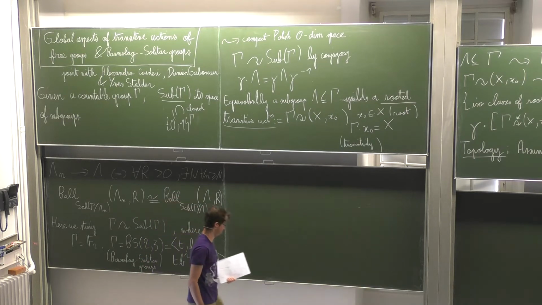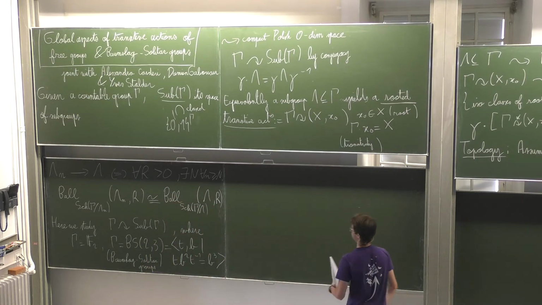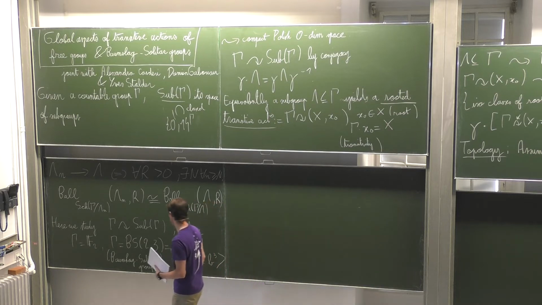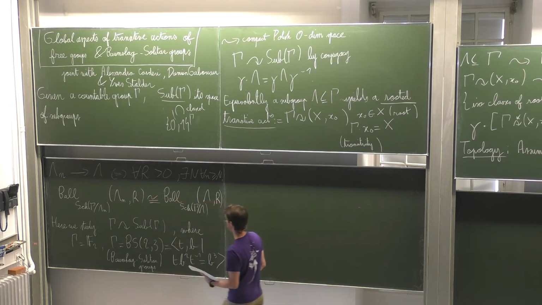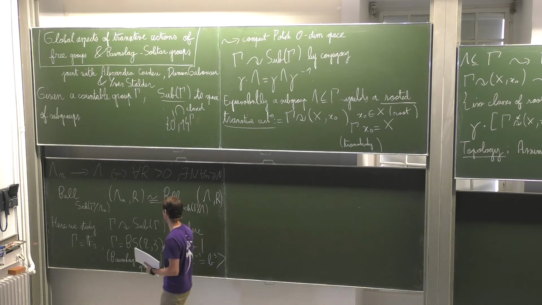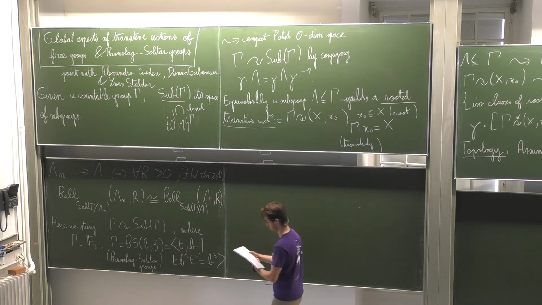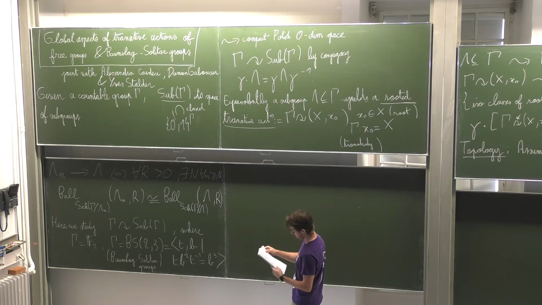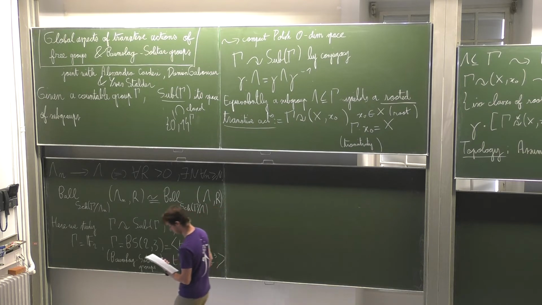Okay, so this is the group. And it's quite famous because it was the first example of a non-Hopfian group, so it has a surjection onto itself which is not an injection.